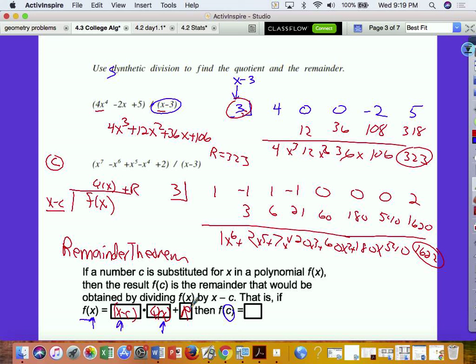So f of c equals c minus c, which is 0, times q of c plus r. So f of c equals 0 times anything is 0 plus r equals r. So this is the remainder theorem. F of c equals r when you're doing division.